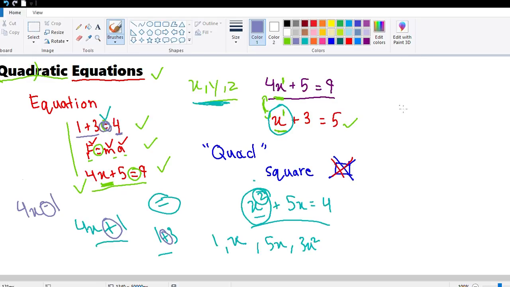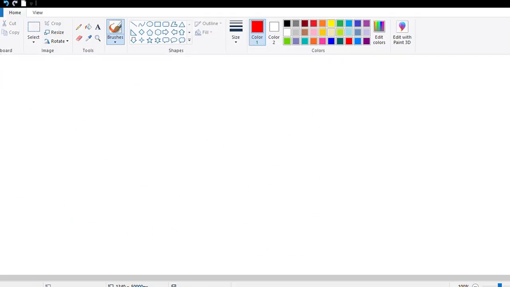Okay, so now that we defined a quadratic equation, which I'll define again for you: a quadratic equation is an equation that contains the square of the variable. This is an equation, those are variables, and this is the square we mean. Now I'm going to give you a few more examples of quadratic equations, like x squared minus 7x equal to 6.